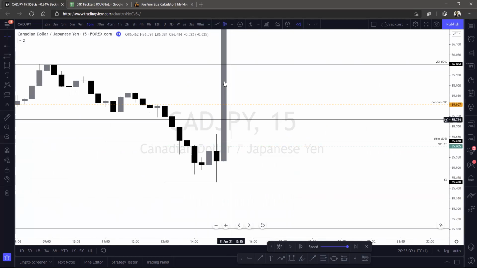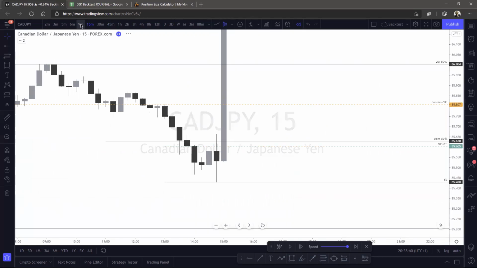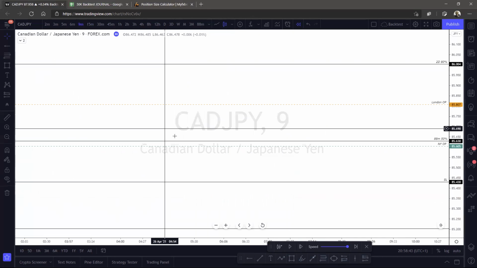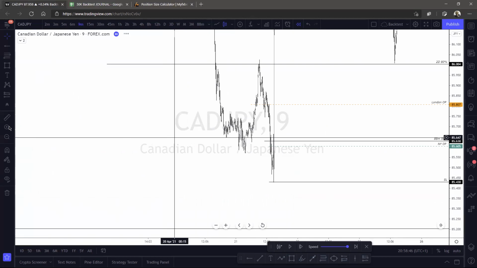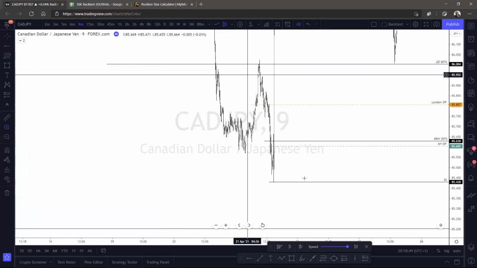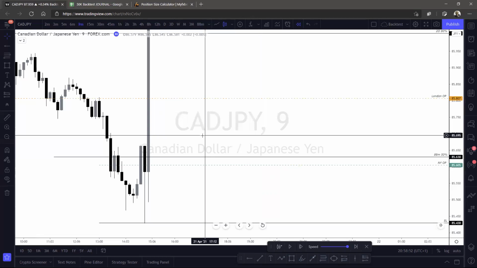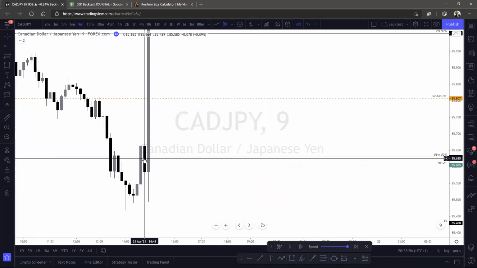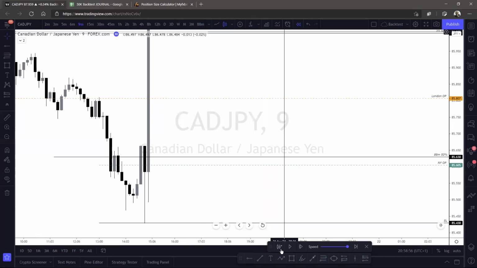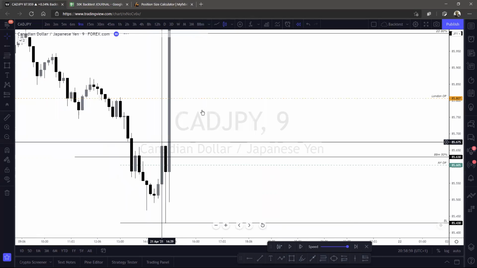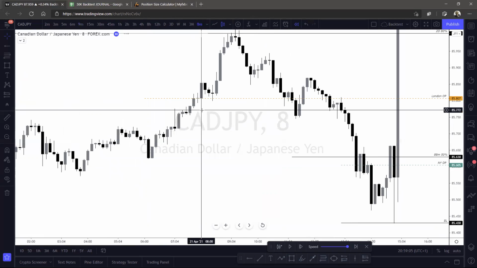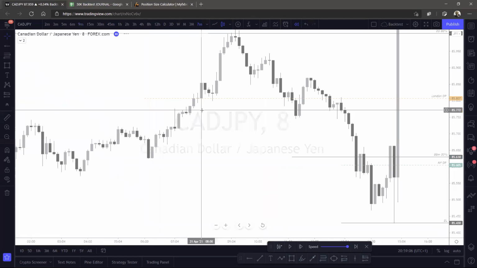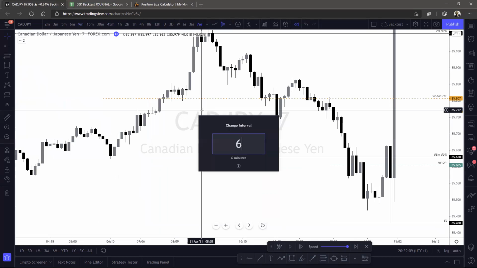Okay, so we can see there's a fat imbalance in here. Oh, so this was the last push down. Let's have a look at this one then. 10, 8, 7, 6.